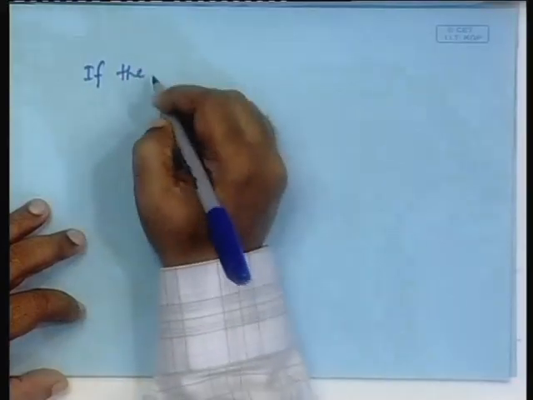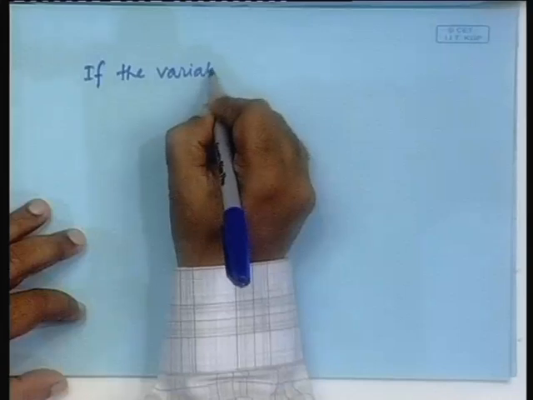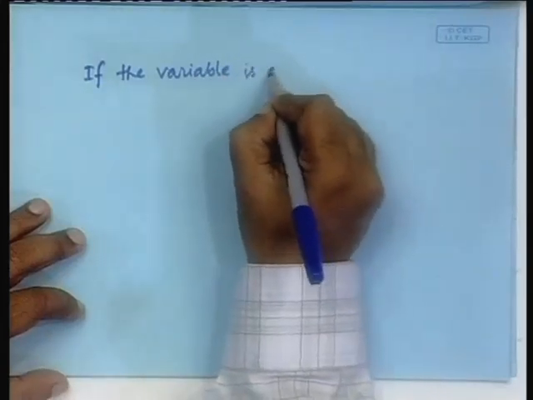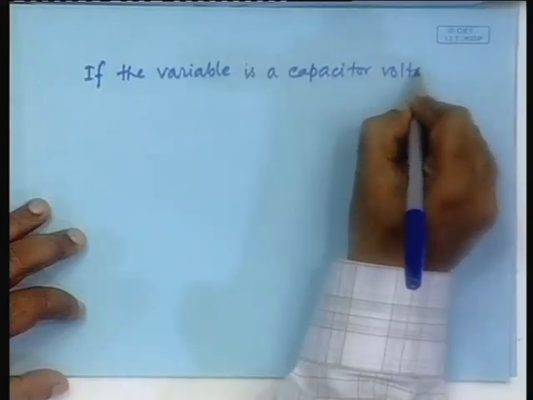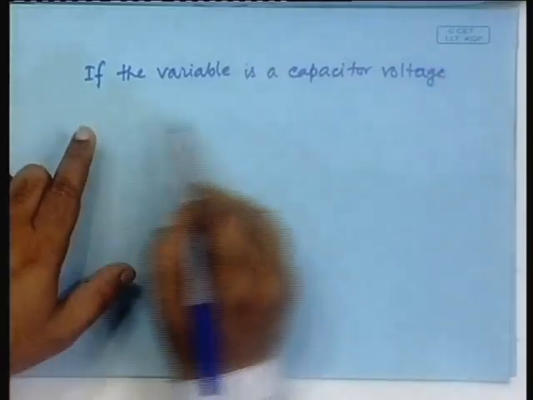Now, when we try to obtain the equations, differential equations, what we will do? First, we will say that okay, now I am trying to obtain the state variable equation for this particular capacitor branch. I am now trying to obtain for this particular inductor branch. Good. If the variable is a capacitor voltage, obviously that capacitor will be part of the standard tree.